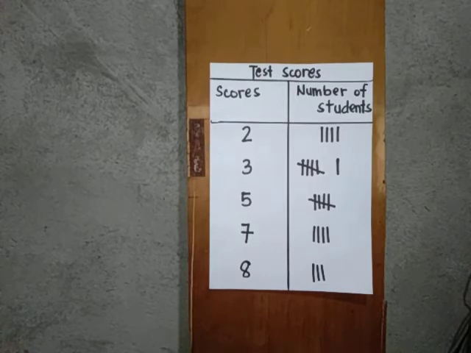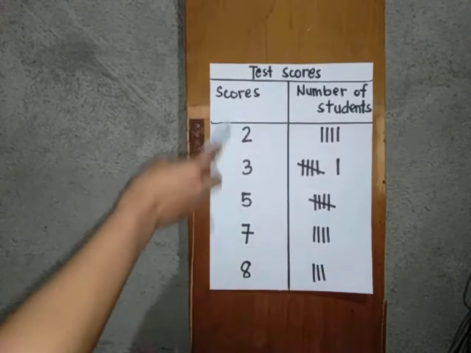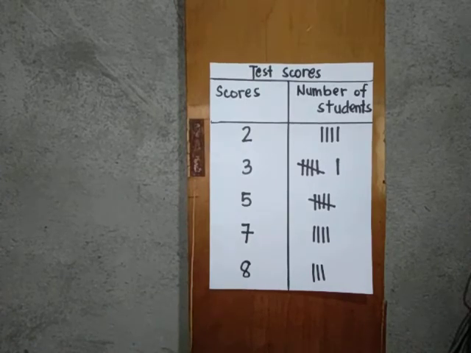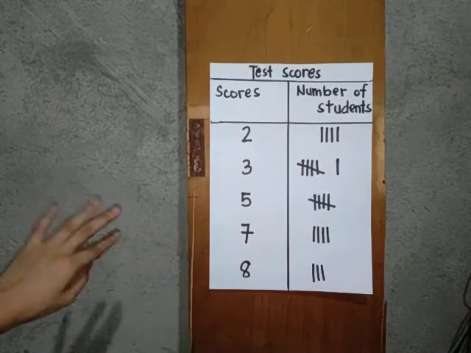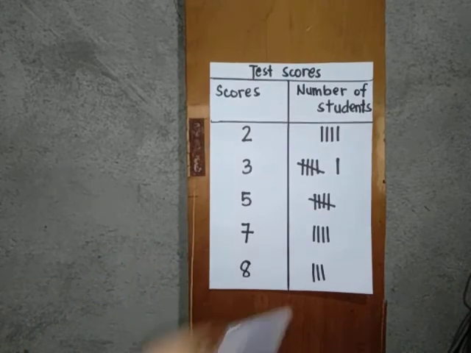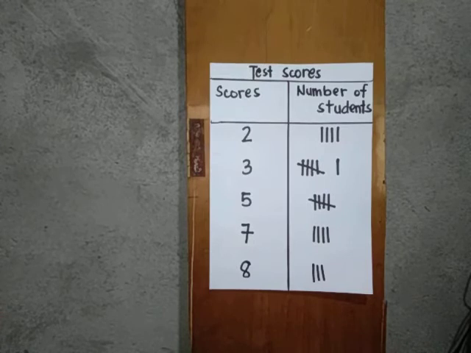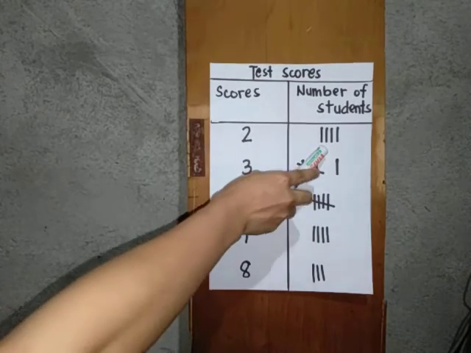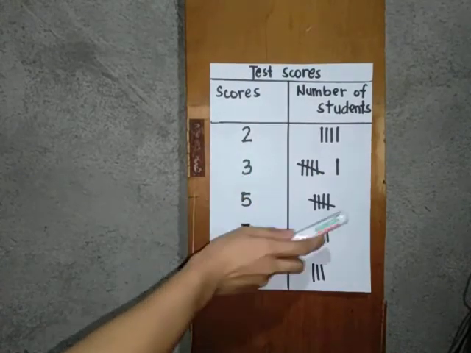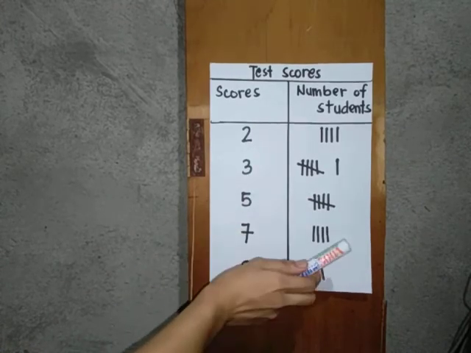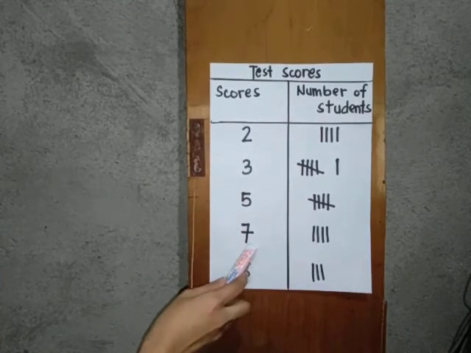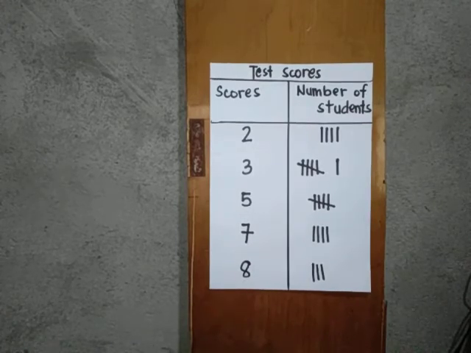The first column shows the scores and the second column shows the number of students who got those scores in the test. So, the first column is about the scores of the students, for example, who got 2, who got 3, who got 5, who got 7, or who got 8. And the second column is about the number of students who got each of those scores.